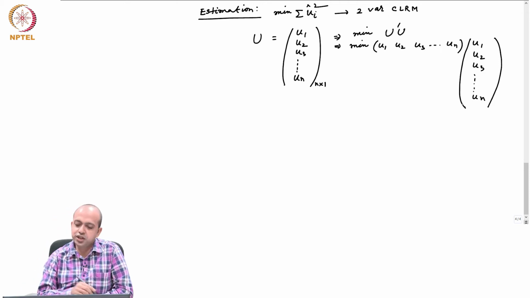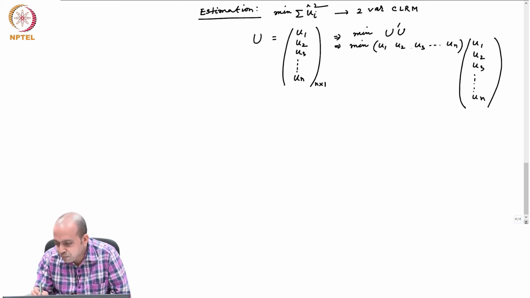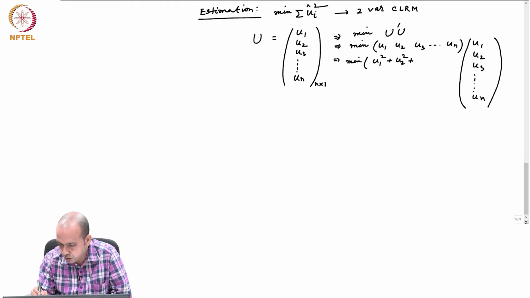So, this is basically your u prime u, you are minimizing this. Now, if you multiply this with this, that means u prime u, that means actually you are minimizing u1 square plus u2 square plus dot dot dot un square, and that would become your sum of ui hat square.